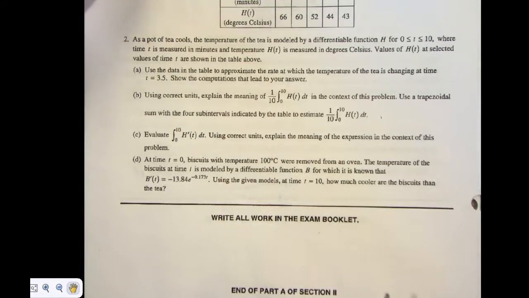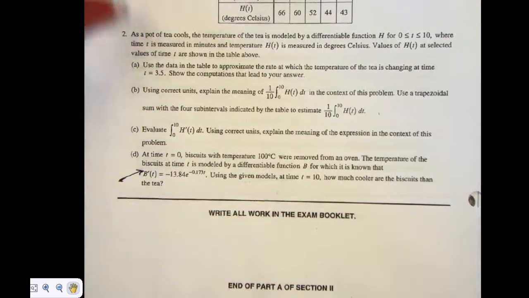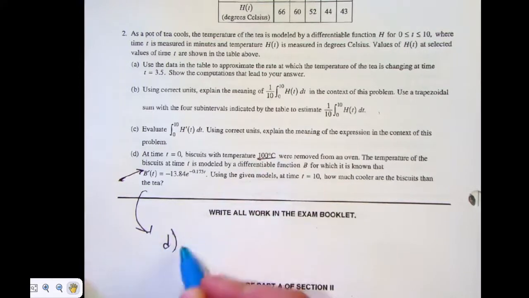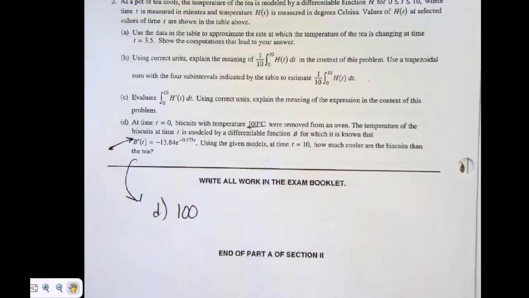So, this is B prime. That's not telling me the temperature of the biscuits. It's telling me the rate at which the temperature changes, right? So it's a derivative. If I want to know the temperature of the biscuits, well, part D, they started at 100 degrees. So at the very start of this problem, the biscuits were 100 degrees.